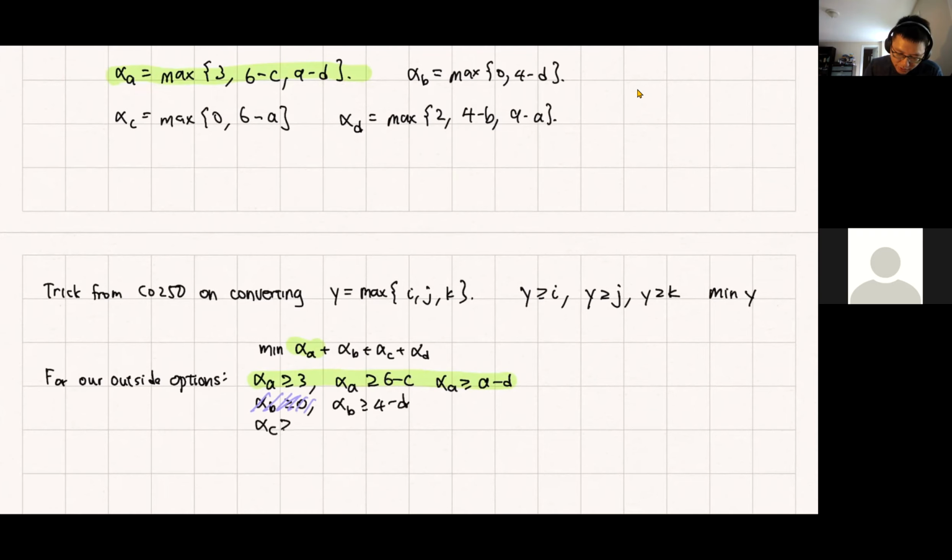Alpha C is at least 0, and alpha C is at least 4 minus A. We won't care that much about that. Alpha D is at least 2, alpha D is at least 4 minus B, and alpha D is at least 9 minus A.